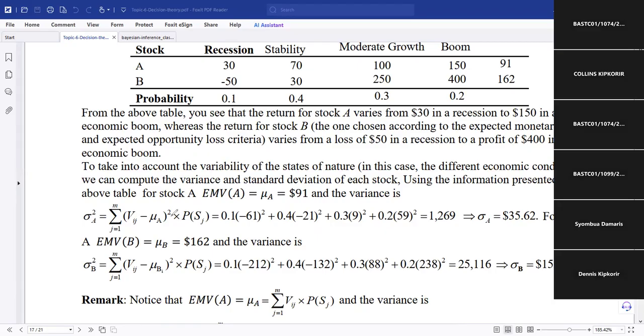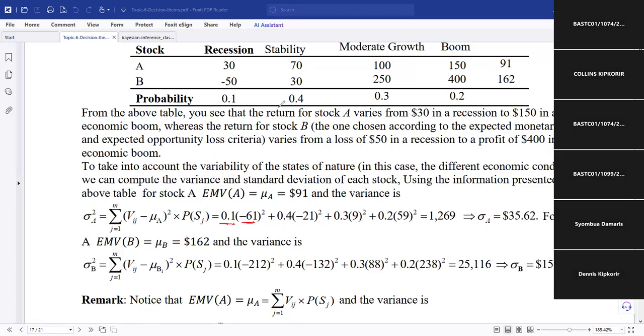So taking this to be a discrete probability table in nature, I'm taking the Vij, which is, for example, 30 here, minus the mean, which is 91, giving me negative 61, and I multiply by the corresponding probability, 0.1.